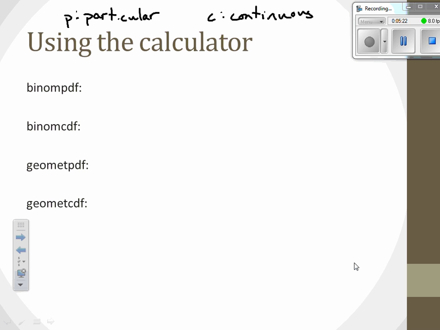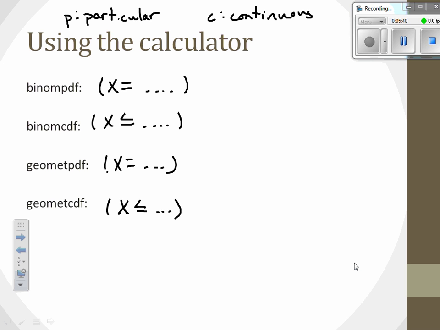Binomial PDF, first it has to be a binomial setting, is when you're finding the probability x equals something. Binomial CDF is when x is less than or equal to. Geometric PDF will be when x equals a certain value, and CDF less than or equal to a certain value.